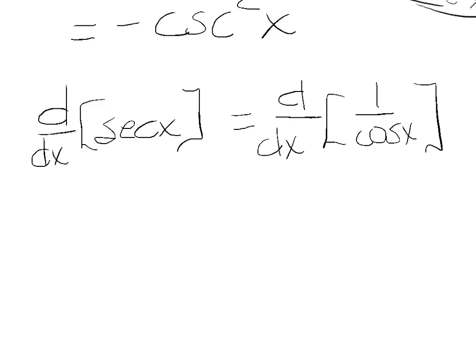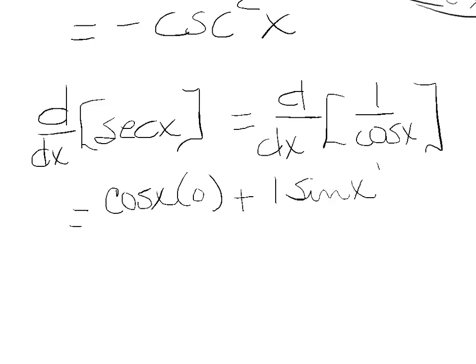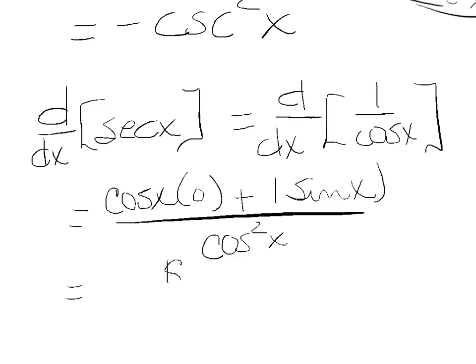So we've got the denominator times the derivative of the numerator minus the numerator times the derivative of the denominator, which is what? Negative sine x. Okay, so this becomes a plus sine x over the denominator squared. So this becomes sine x over cosine squared x.